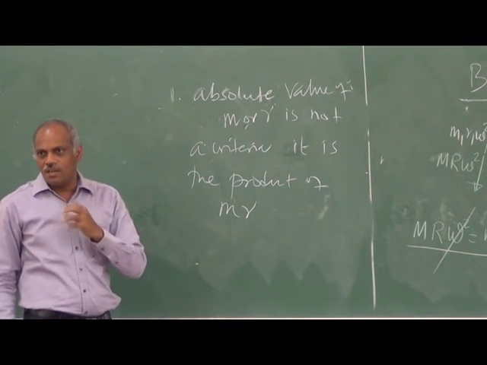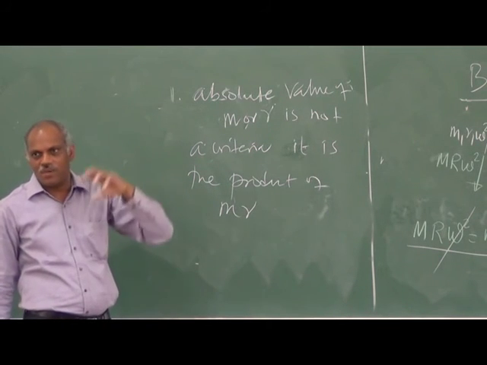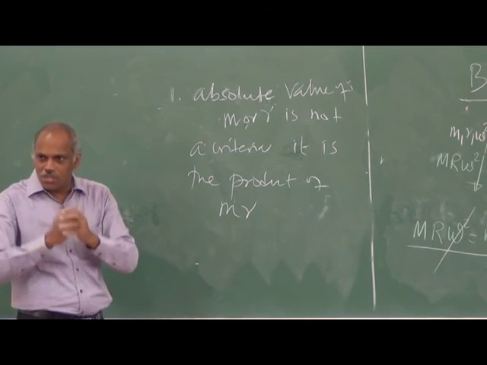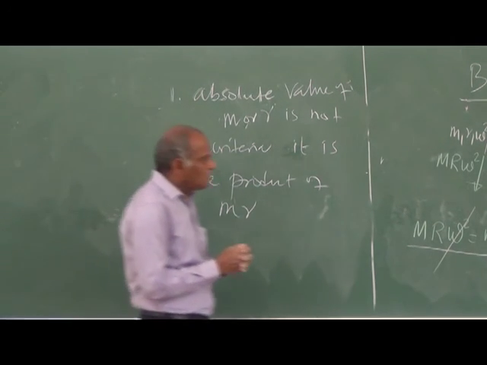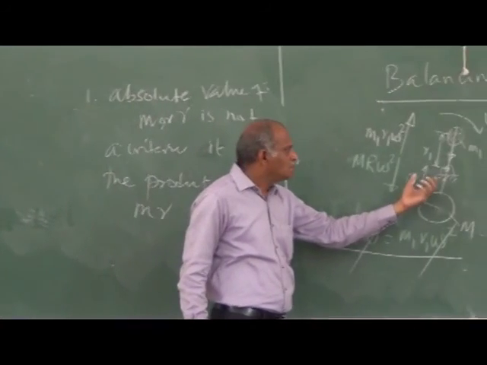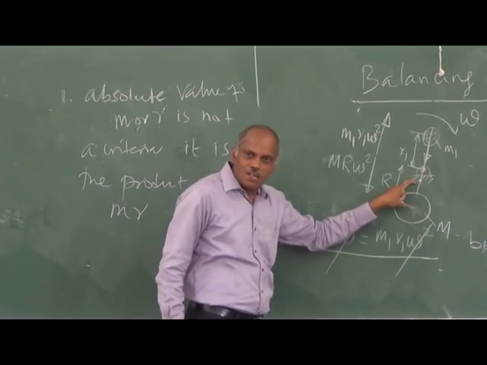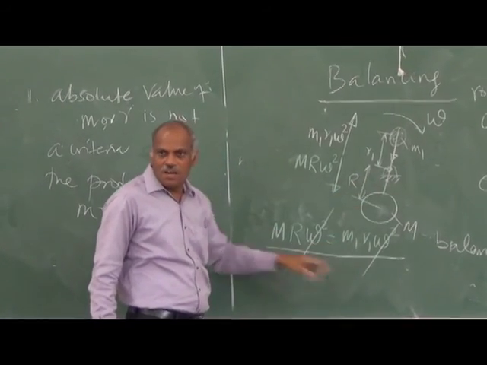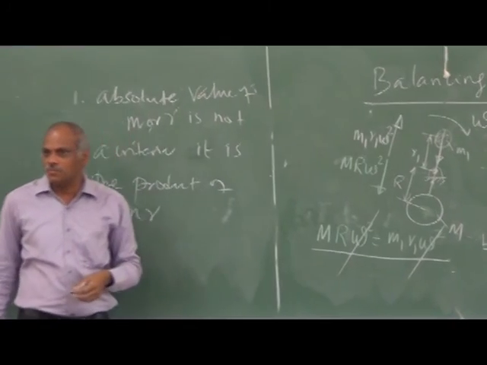So what is important here in balancing? It is not the mass separately or the radius separately, but the product of these two. You can balance M1 R1 by a larger mass at a shorter radius or a smaller mass at a longer radius.